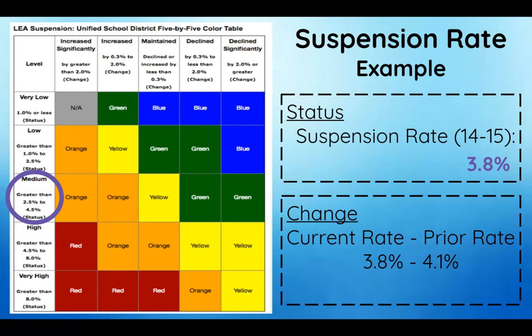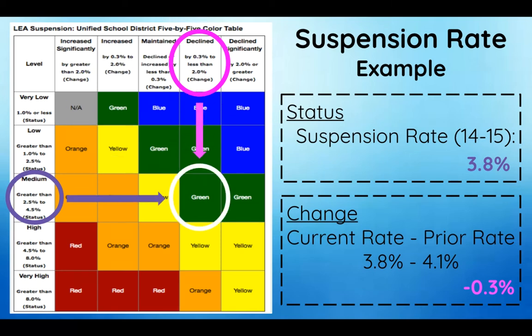To complete the calculation, you must take the current rate minus the prior rate. In this example, the change would be negative 0.3%. The negative indicates a decline in the rate, and therefore this district would find itself here in the declined level for change. When considering both status and change scores, the district would be placed here in the green portion of this grid for the state indicator of suspension rates.